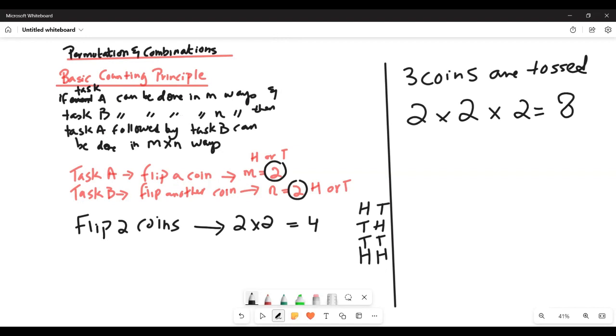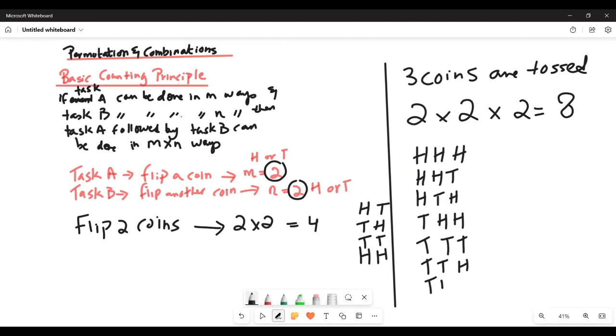Let's see them: head head head, head head tail, head tail head, head tail tail, tail head head, tail head tail, tail tail head, tail tail tail. These are the 8 outcomes that are possible when you toss 3 coins together.